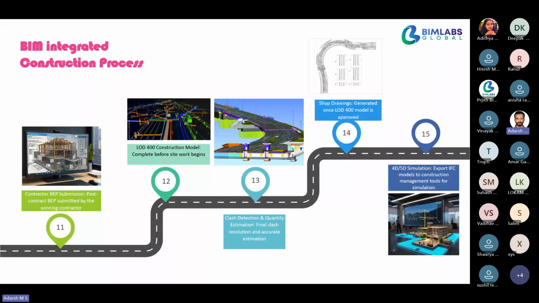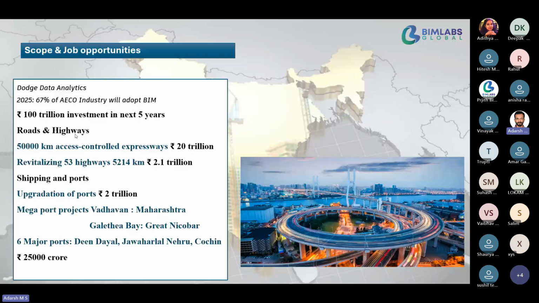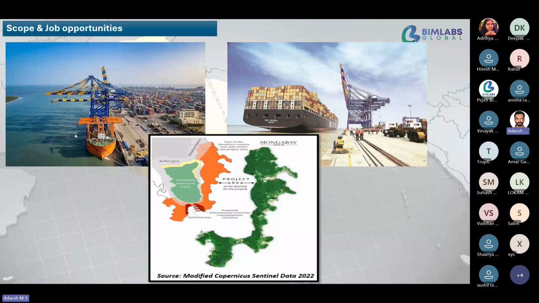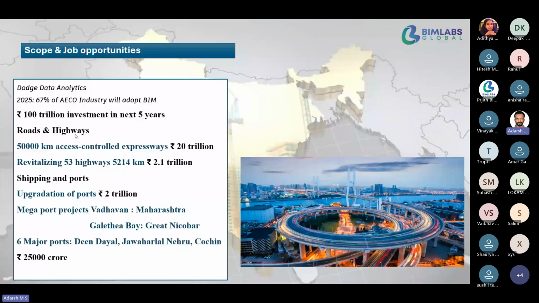So from LOD 100 to LOD 500, we can use building information modeling for the seamless execution of the projects. And as I have mentioned, India is developing in a very fast way as far as infrastructure projects are concerned, and around 100 trillion rupees is being invested in our infrastructure development in the next 5 years.